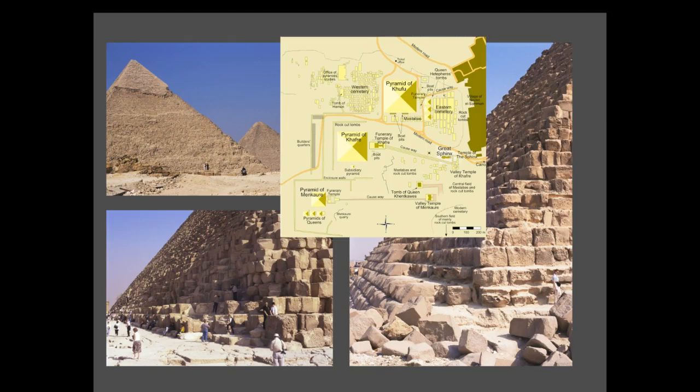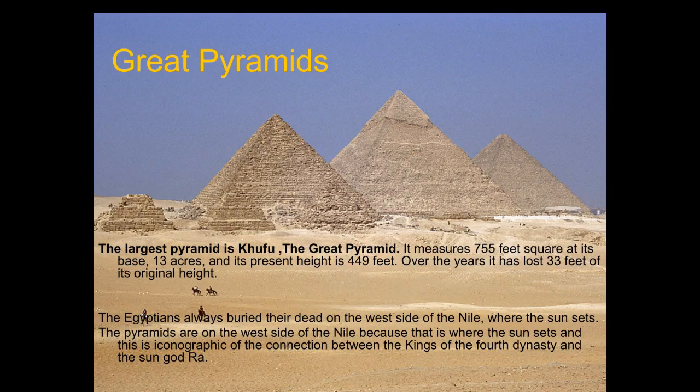So here are some more images of that. You can see an aerial view of what the pyramids look like. The largest pyramid is Khufu, however you want to say it.